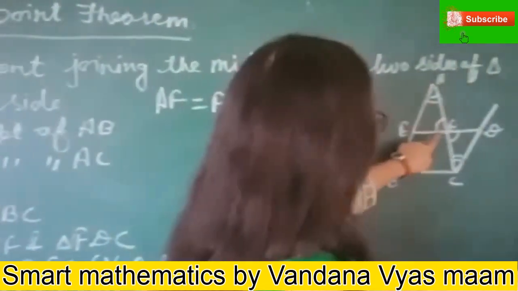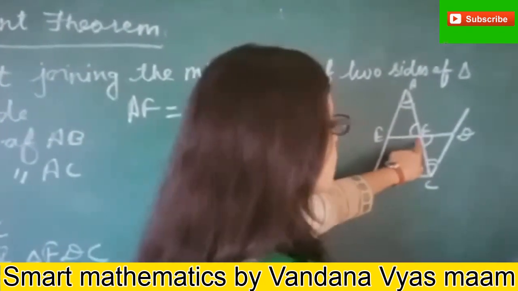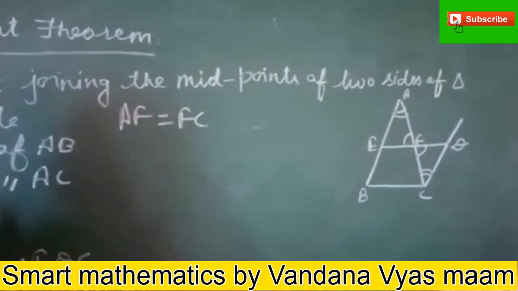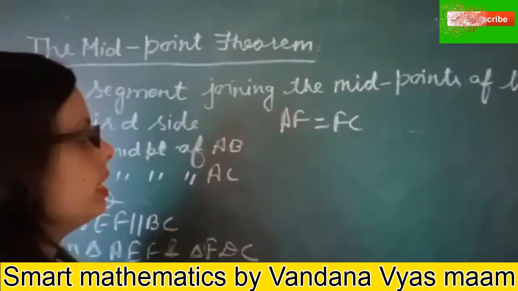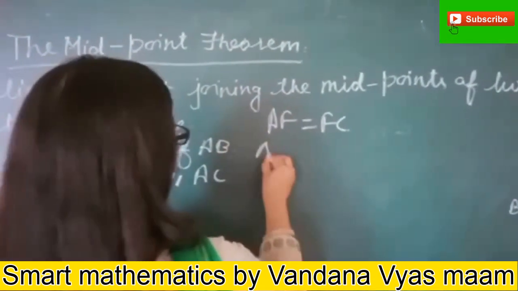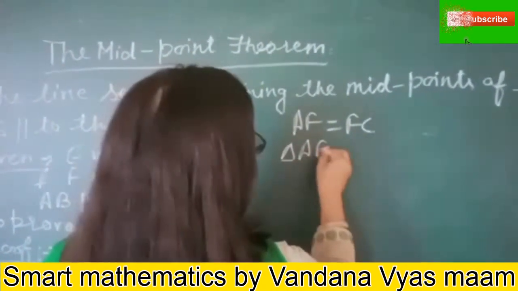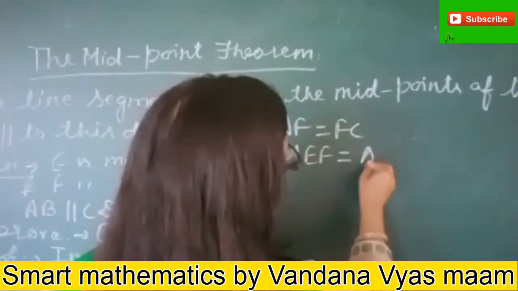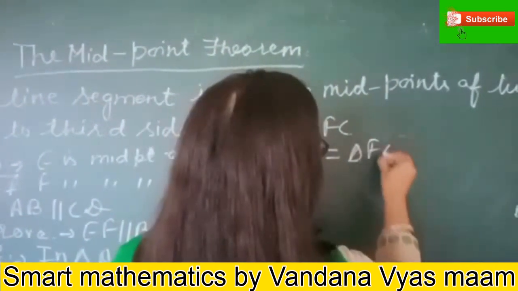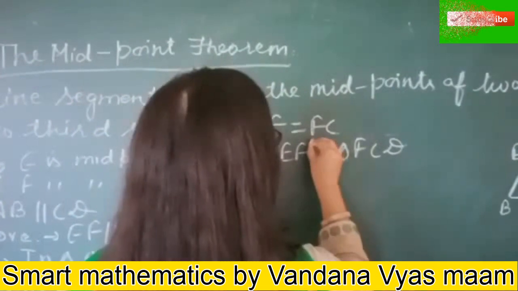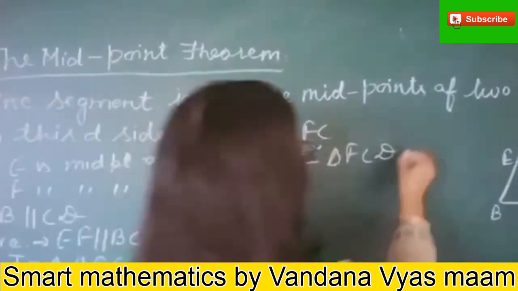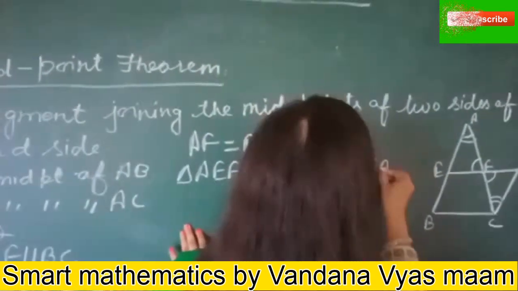And we have AF is equal to FC. Means AF is equal to FC because F is the midpoint of AC, which is given. So triangle AEF is congruent to triangle FCD by ASA criterion.